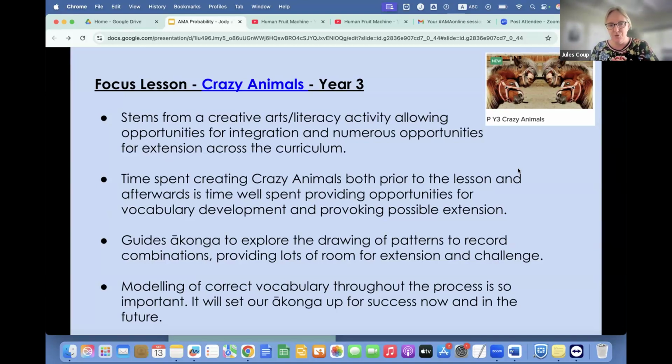This lesson calls for you to spend time creating crazy animals with your class. It could be a full-on art lesson, or it could just be a 10-minute drawing session. I've done it after a wet lunchtime, where I gave them the opportunity to create the crazy animals during the wet lunchtime, and then that stemmed into maths after lunch.